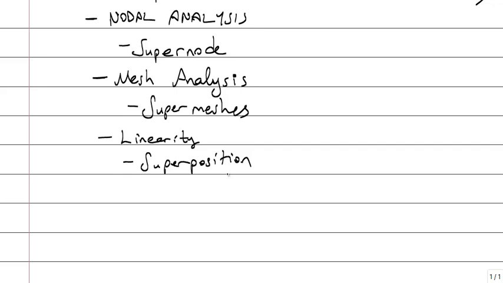You will add the responses and find the actual results. Okay, if there are two independent sources, you will turn on one source, analyze the circuit, then turn on the other source, analyze the circuit. You will find two results, and the summation of the two individual results will be the actual result.